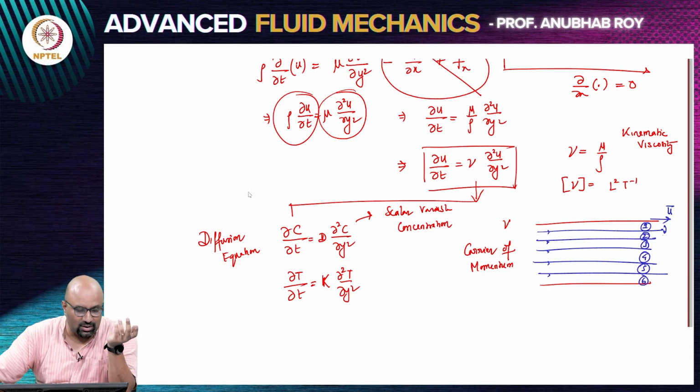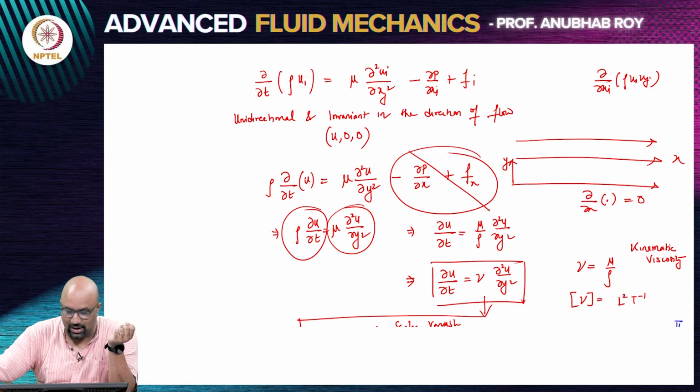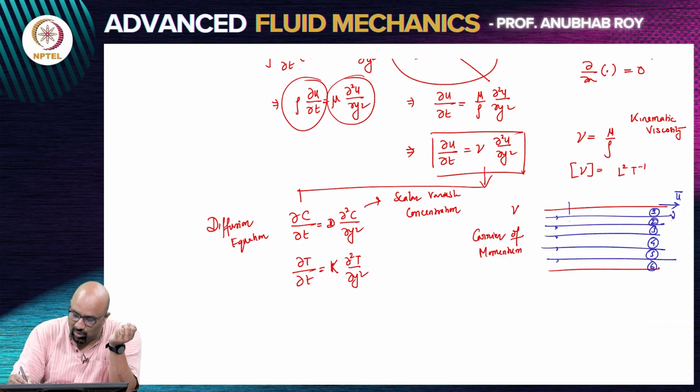So, the scenario that we had here of the steady state problem, where if you wait infinitely long you arrive at this particular profile, would not have been possible. What viscosity is doing is allowing momentum transport to occur perpendicular to the direction of motion.